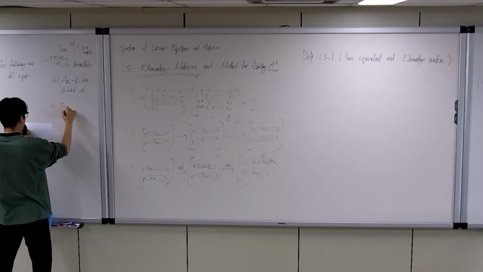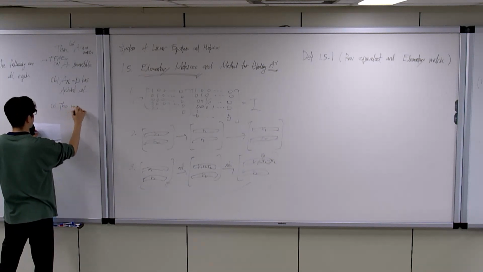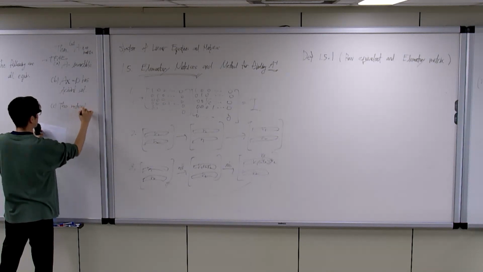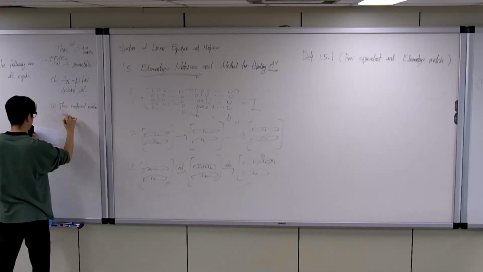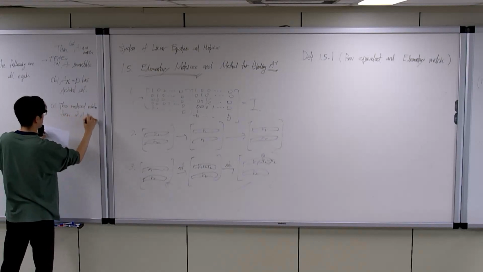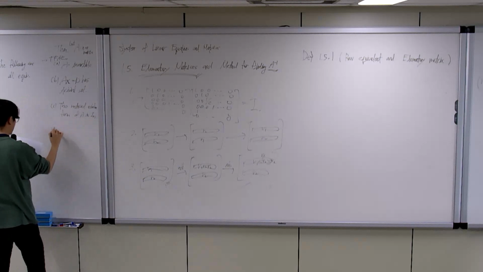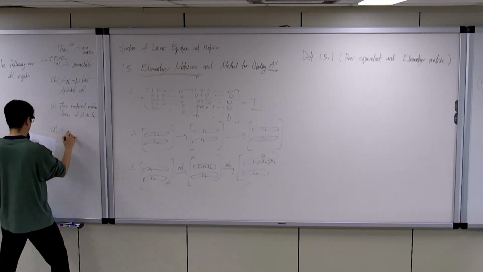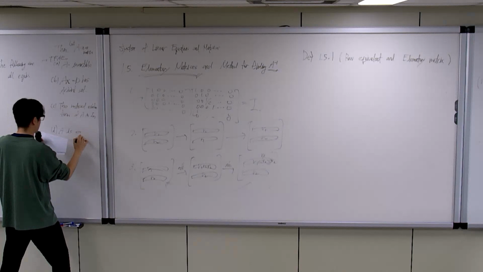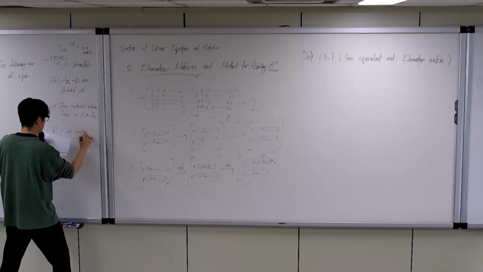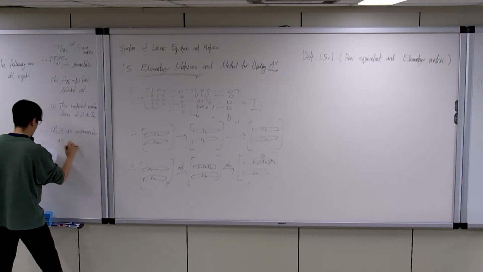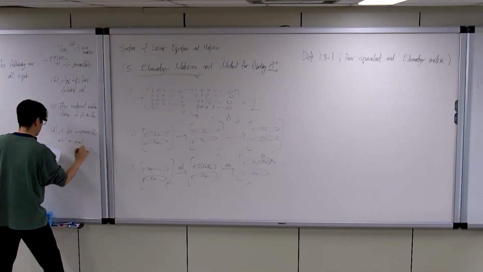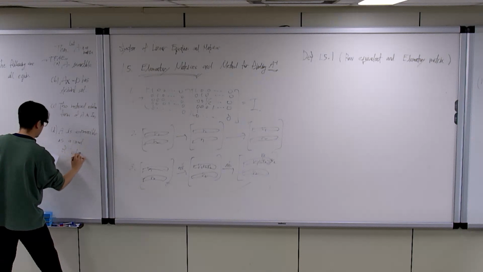And the third one is the reduced echelon form of A is the identity. And the final one is A is expressed as the product of elementary matrices.